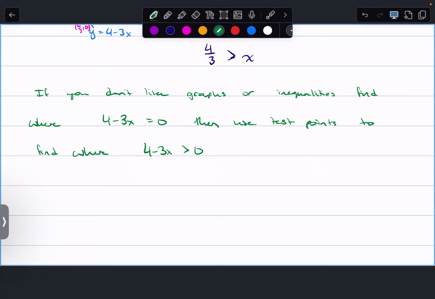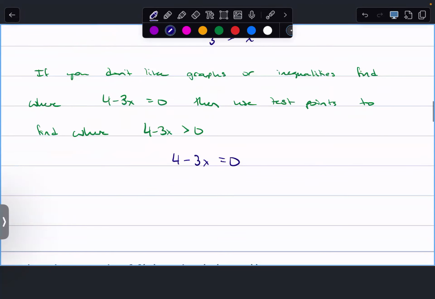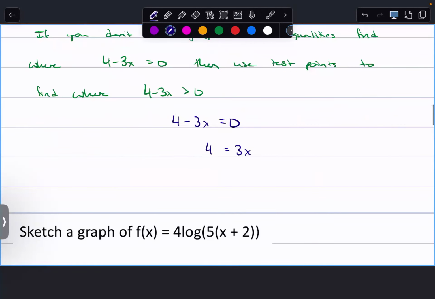So what does that look like? Okay, I'm going to set it equal to 0. 4 minus 3x is equal to 0. Finally, something I like. It's going to look very similar, though. 4 is 3x, so x is 4 over 3.